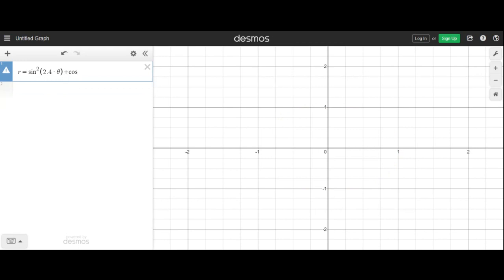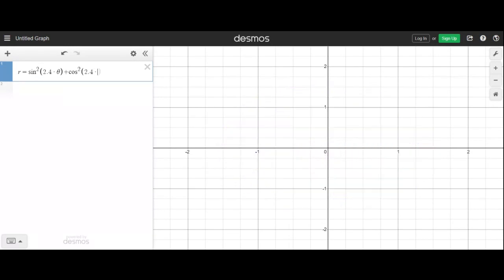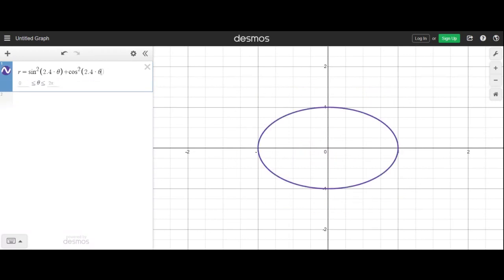Okay, so I'm going to do sine squared of 2.4 theta plus cosine squared of 2.4 theta. That's figure 16 in appendix H.2. Let me see here. Hold on. Oh no, I want cosine to the 4th power.